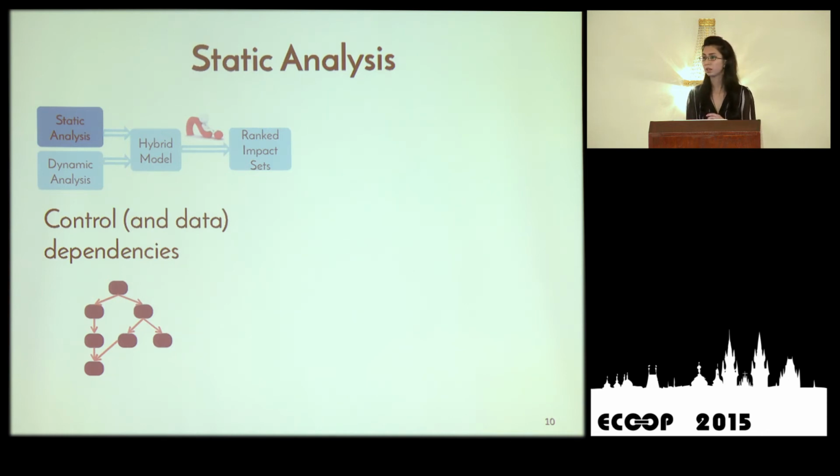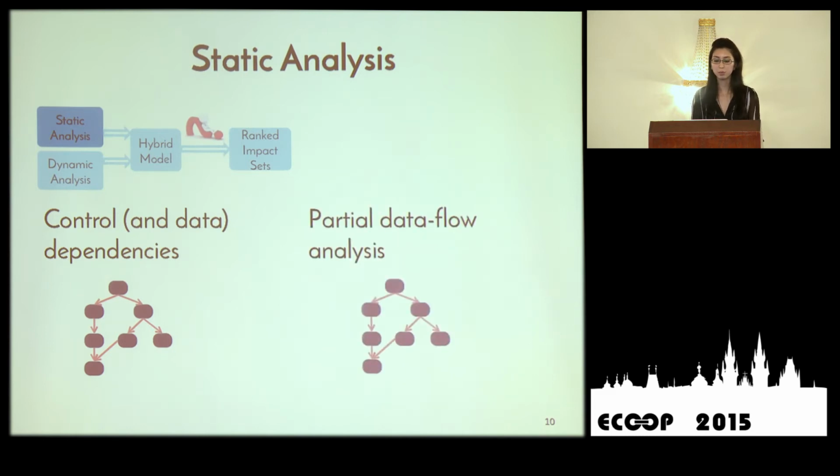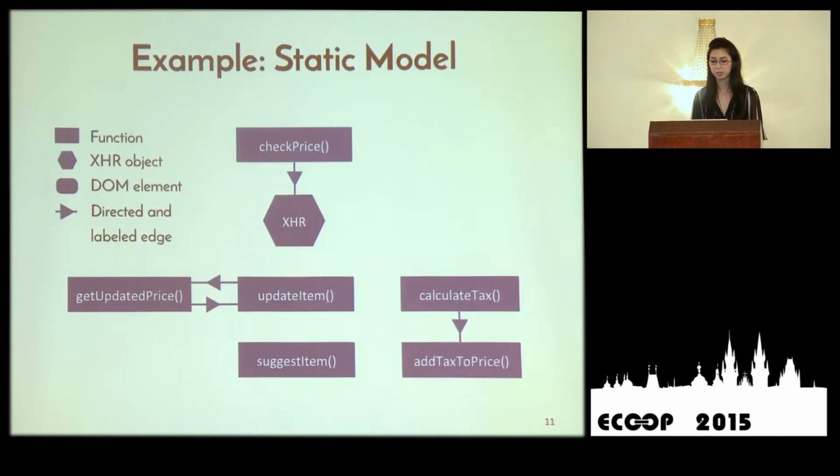But because static analysis can be overly conservative, we removed some of the relations, some of the control dependencies, if there was no data dependency involved through argument passing, return values, or global variables, and came up with a modified pruned graph.